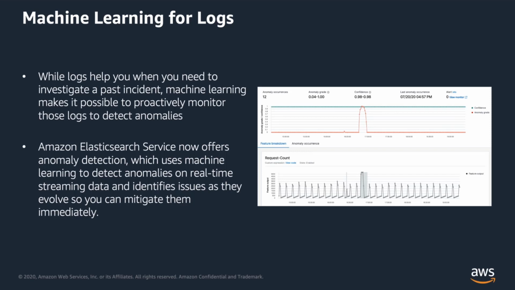But with machine learning, it's now possible for you to proactively monitor for anomalies in the data as it comes in. You can obviously monitor your log data and you can produce some metrics out of your log data, and you can configure threshold based alerts on top of that. But that type of an approach is not very flexible.